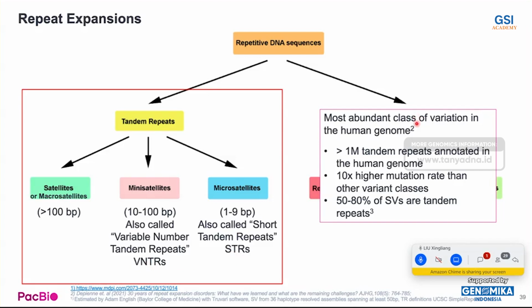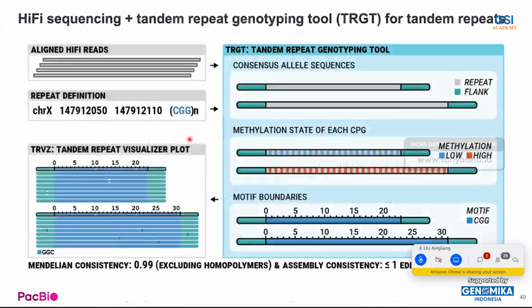They are abundant in human genomes and more prone to mutations, with a 10 times higher mutation rate compared to other variant classes. Over 50% of SVs are derived from tandem repeat regions, so it's important to study these regions in rare inherited disease.